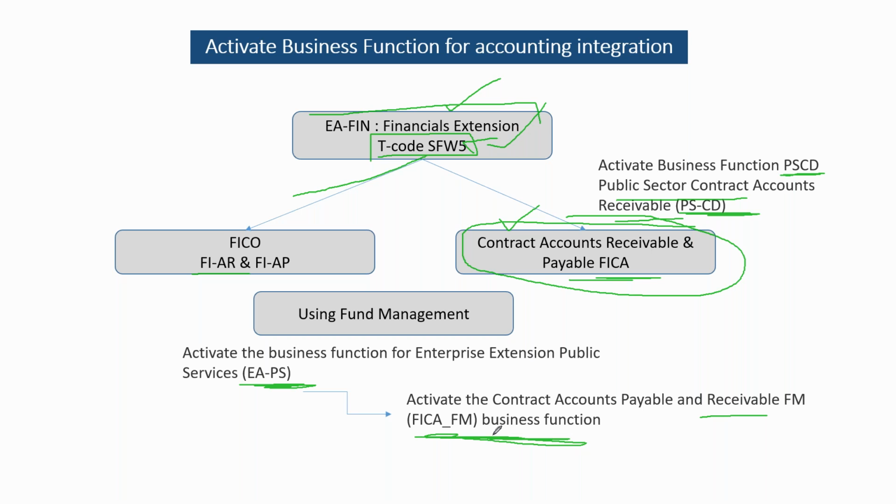Public sector management, this fund management, is very rare in projects, but it's important to understand here. If you have any idea of fund management, please let me know, or if I need to explain it from my side, I'll give you some idea to understand how exactly it helps us in our business process.